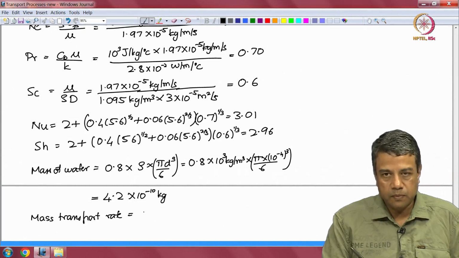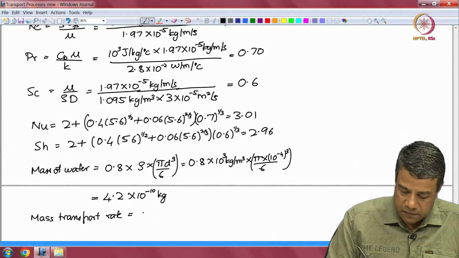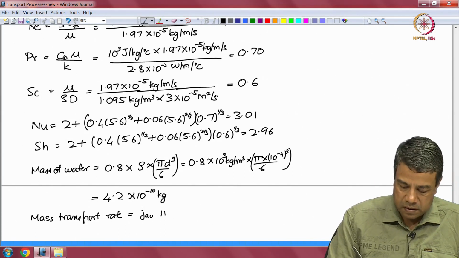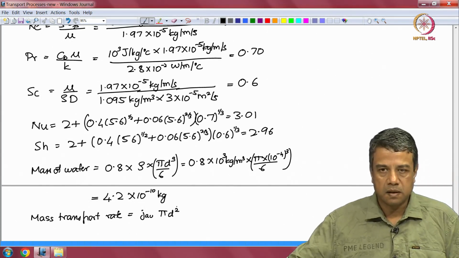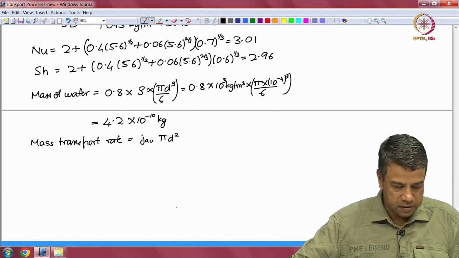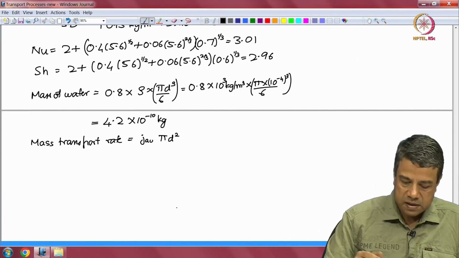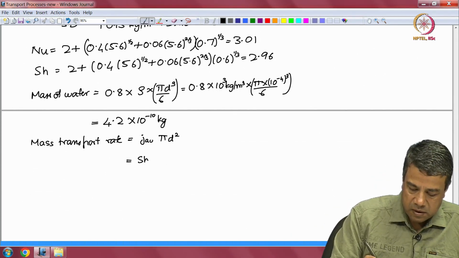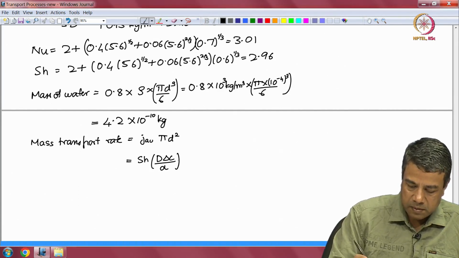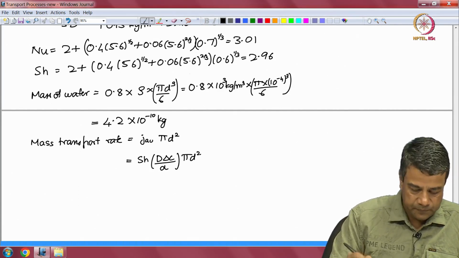Mass transport rate is equal to the average flux into the surface area, pi d square. The average flux can be written as the Sherwood number into D delta c by the droplet diameter, into pi d square.